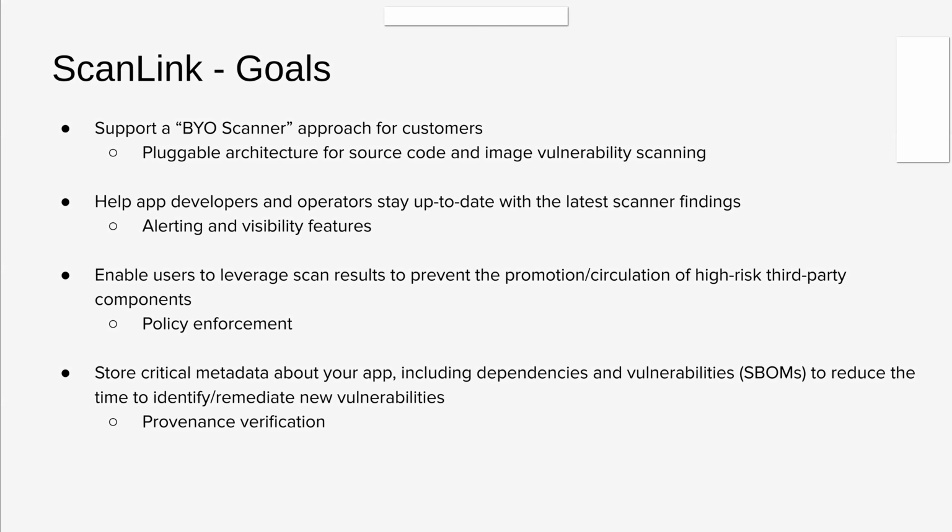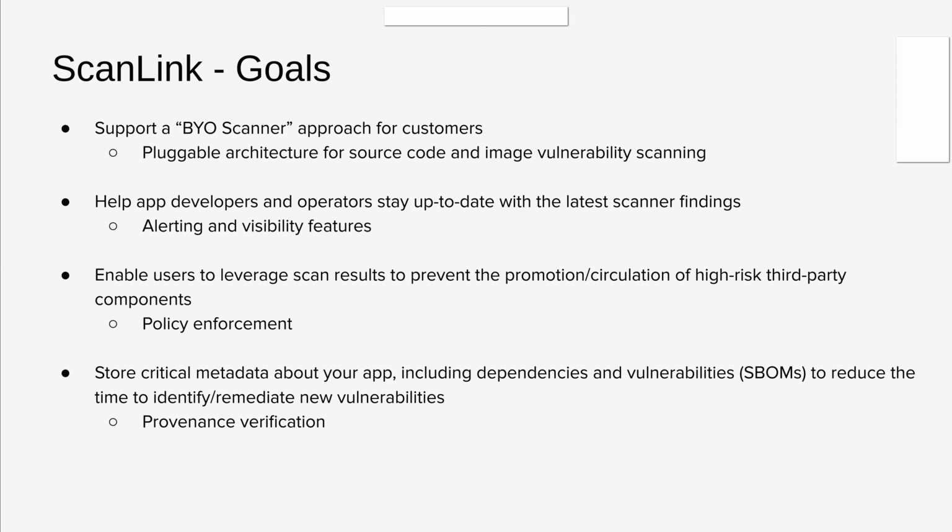As well, we want to enable users to leverage all these scan results that we have produced during all these scanning jobs to prevent the promotion of any vulnerable third-party dependencies that we are using. In that way, we also expose a feature that we call policy enforcement, where you can identify which steps in the supply chain you want to raise a red flag for, because there are several critical or high vulnerabilities, or even because we are finding a certain dependency that shouldn't be used in this process.